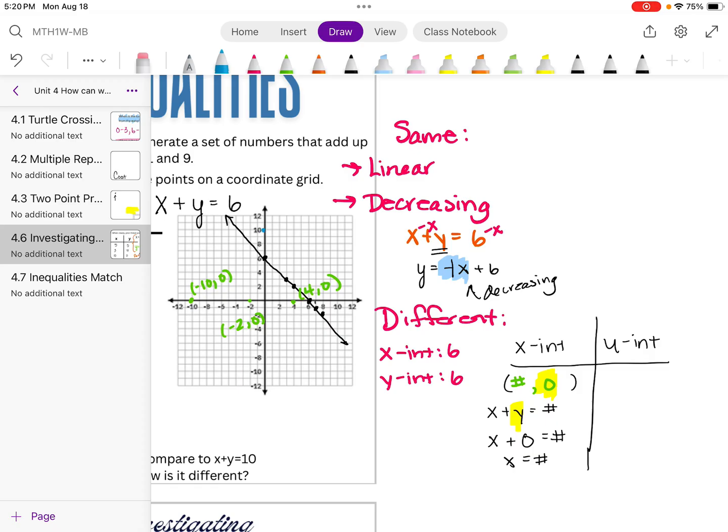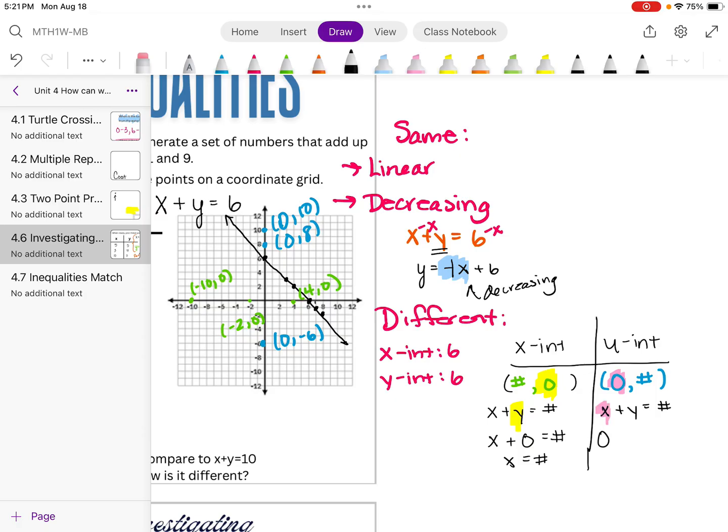Similarly, if I look at all my y-intercepts, if I've got 0 and 10, I've got 0 and 8, I've got 0 and negative 6, we'll notice that all of my x values for those relationships are 0 with a number in my second spot. So if I have my x plus y equals a number again, now I'm saying that my x is going to be 0.